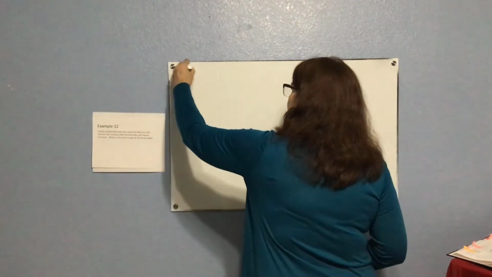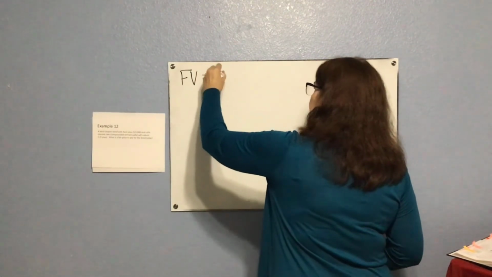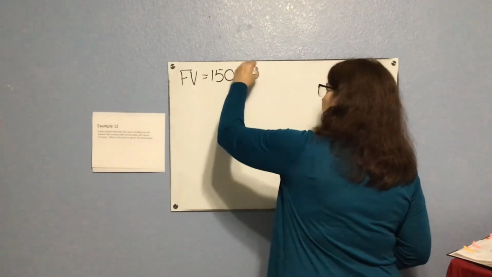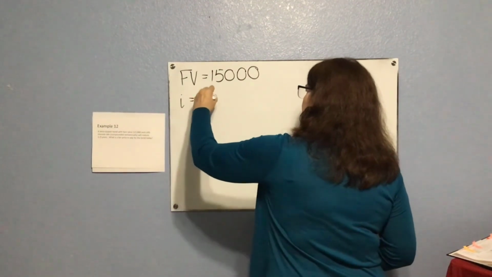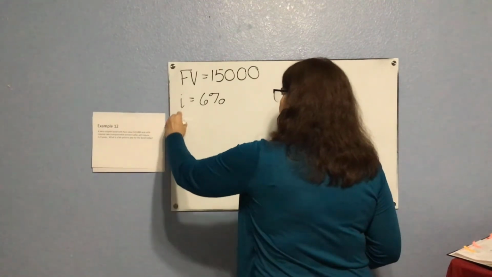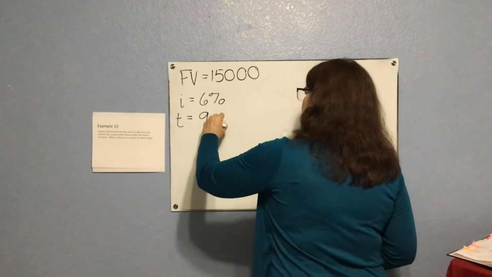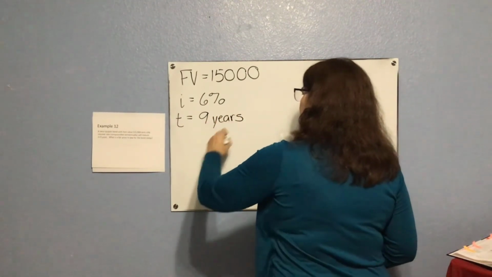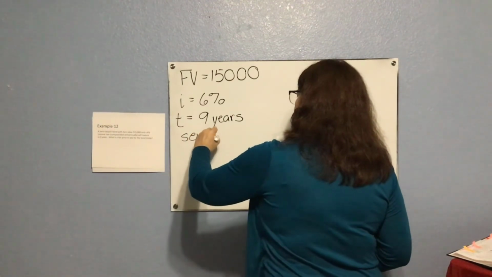So we know that our future value is $15,000. Our interest is 6%, and our time is 9 years. We also know that the interest is compounded semi-annually.